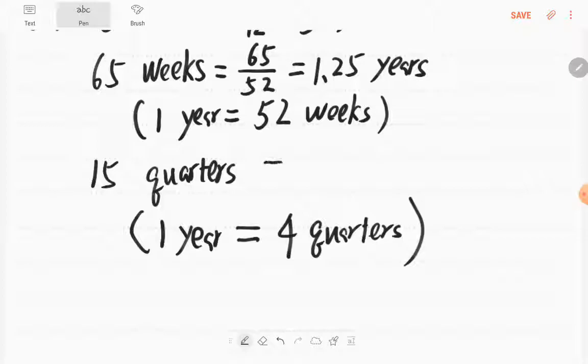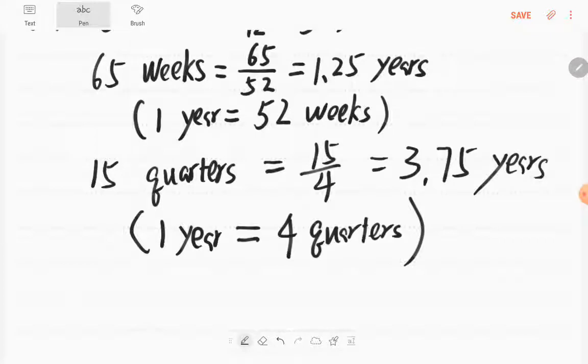So 15 quarters is equal to 15 divided by 4 years, which is 3.75 years. So we need to change everything to the unit of years.